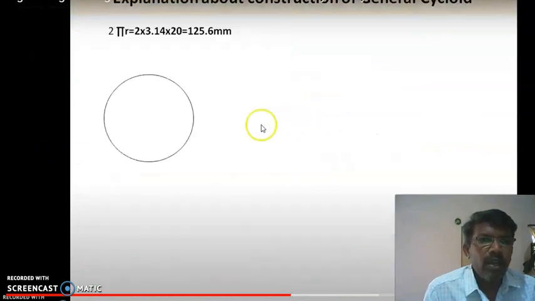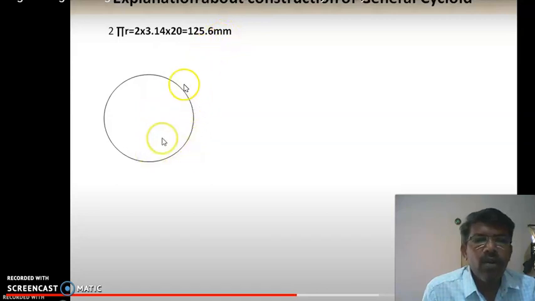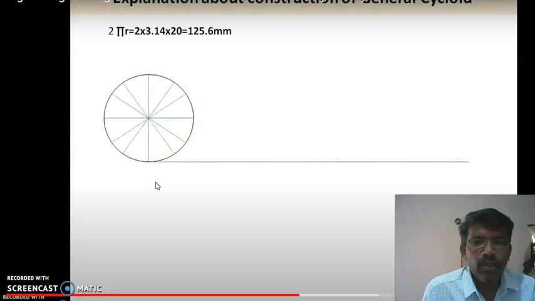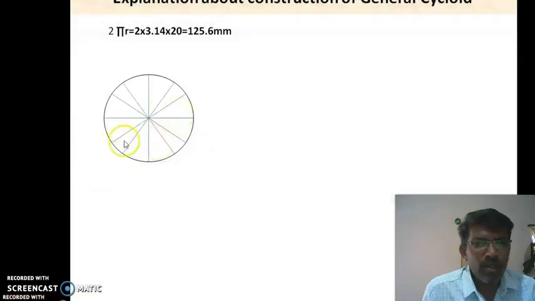See here, the explanation of the cycloid: 2 pi r, that is 2 into pi into 20, that is 125.6 mm. This is 2 pi r, that is pi d. Now draw a circle with radius r and divide that circle into 12 equal parts.